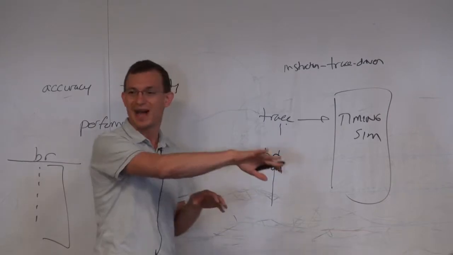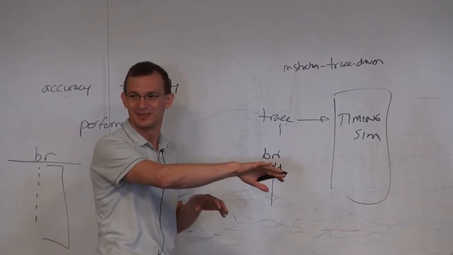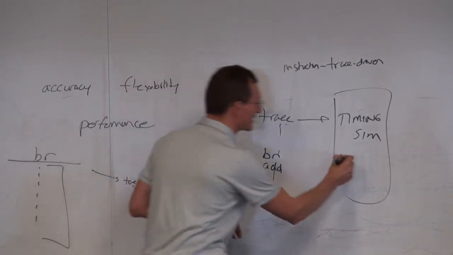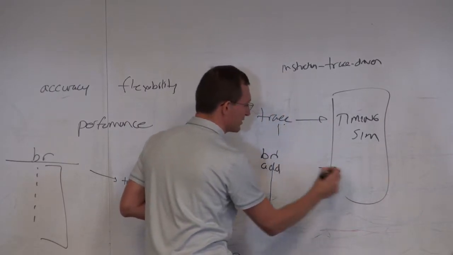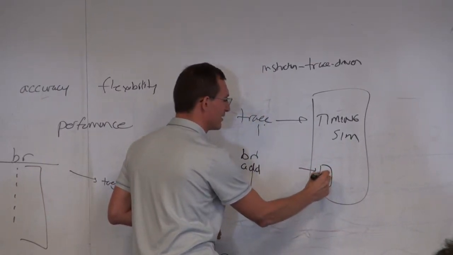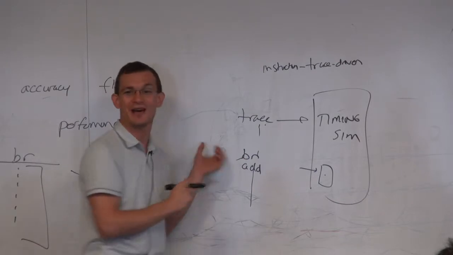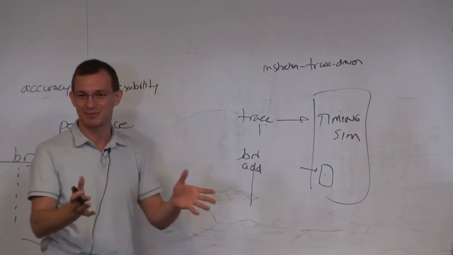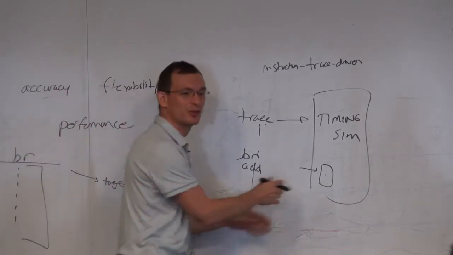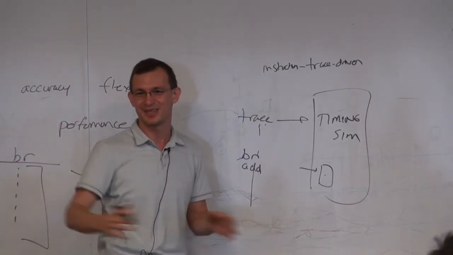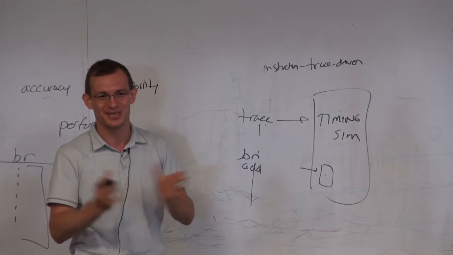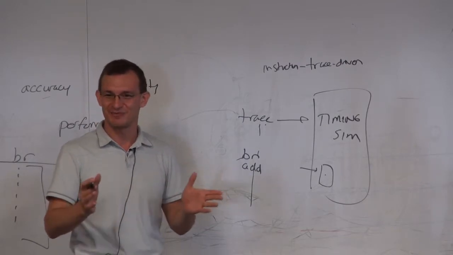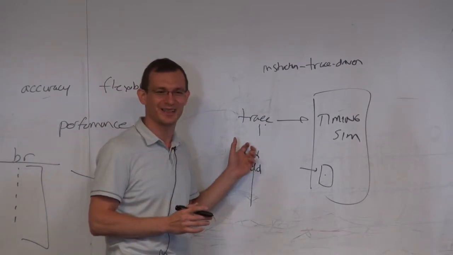So you don't have the wrong path information, right? The timing simulator can figure out that this branch is mispredicted, but it doesn't have the information about what to execute after that. So usually one thing that people do is to insert no-ops. Now that's not an accurate model of wrong path, but still, it's better than always predicting correctly, right?